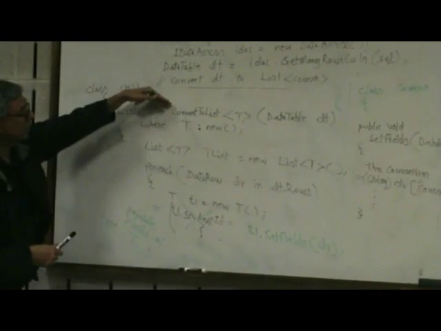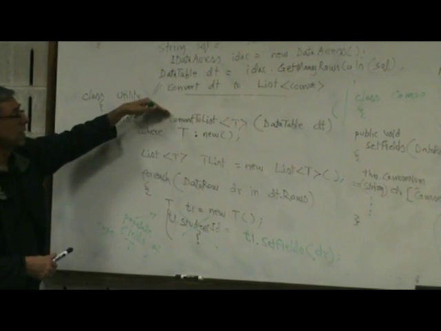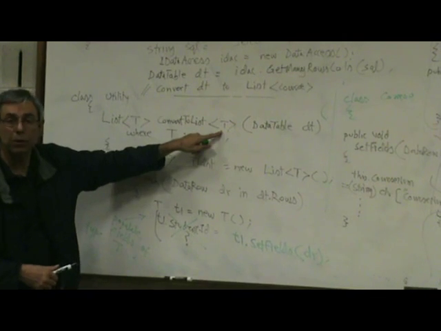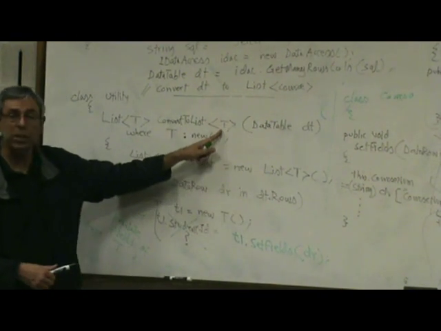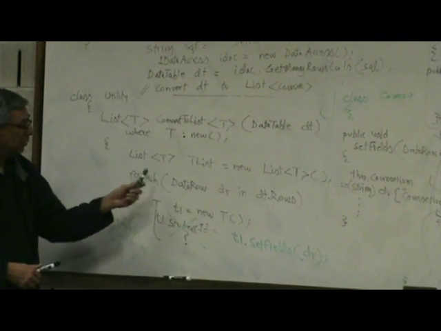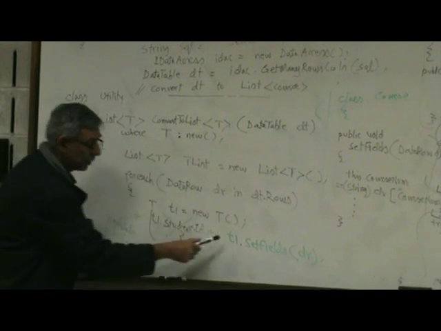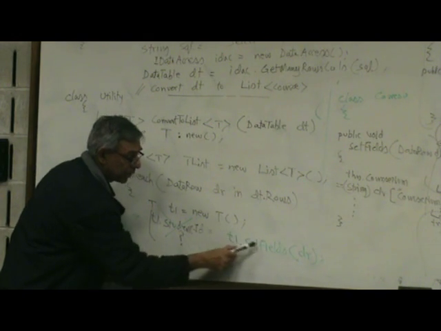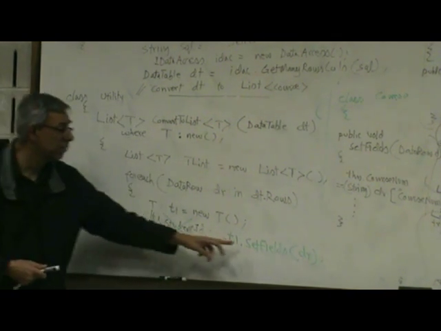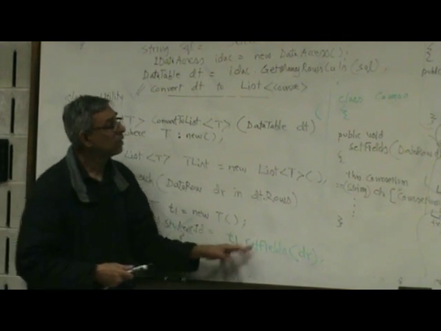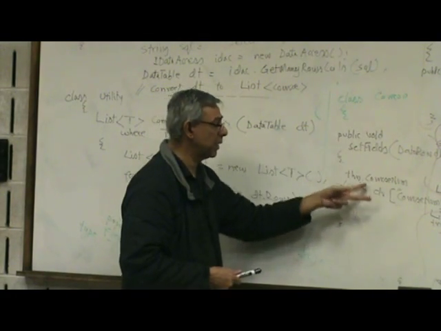Okay, so now take a look over here. If somebody triggered this method convert to list, and they wanted to convert this data table to a course, what will be type T now? Course. So T1.setFields, which class, which method will it call on? The course. So we'll pick up the correct fields.